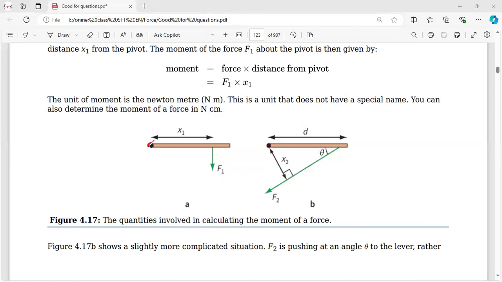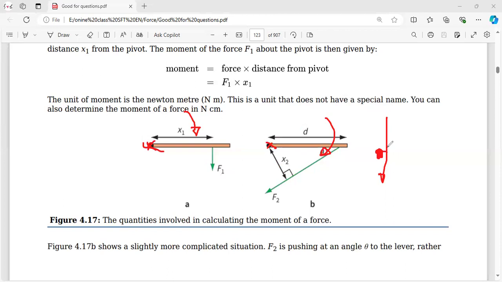Now, considering the pivot point position and the applied force, can you identify whether it is in the clockwise direction or the anti-clockwise direction? So in the first scenario, it is clockwise. The second one is also clockwise. However, if I put a pivot point like this and apply the force like this, what is the direction?